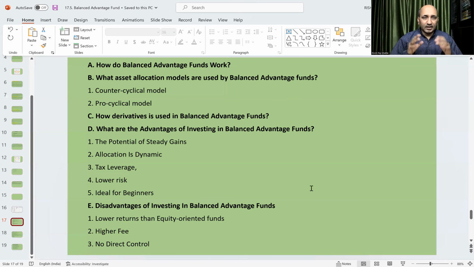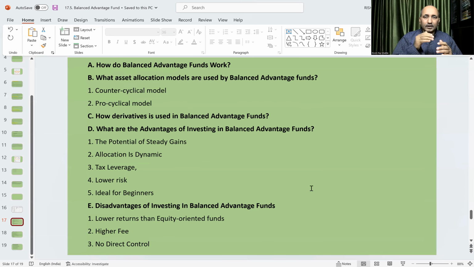The second thing: what asset allocation models are used by balanced advantage funds? Just now, as we have discussed, they use an asset allocation model. The equity portion may be up to 80% when the market is down, and debt may be only 20%.